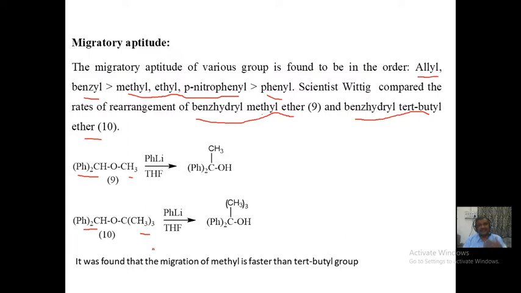With phenyl lithium, tetrahydrofuran, etc., both are going to give secondary alcohol. But what was the observation? Wittig found that the migration of methyl is faster than tertiary butyl. So this reaction will be faster compared to this particular reaction because there is a tertiary butyl group, friends.